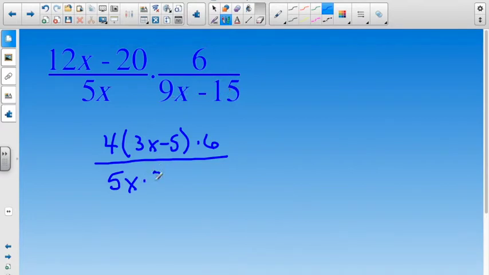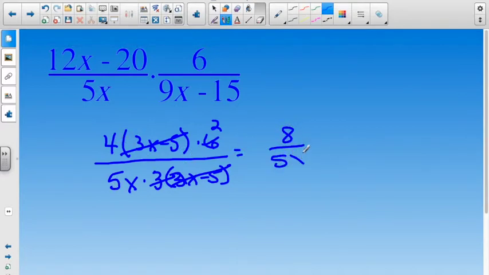So that's going to be 5x times 3 times 3x minus 5, right? Now it's all multiplication. And I have a common factor here of 3x minus 5. So I can get rid of those two. And I can take this 3, and it goes into 6 and leaves me with a 2. There's nothing else I can do here, so I'm left with 4 times 2, which is 8 over 5x.